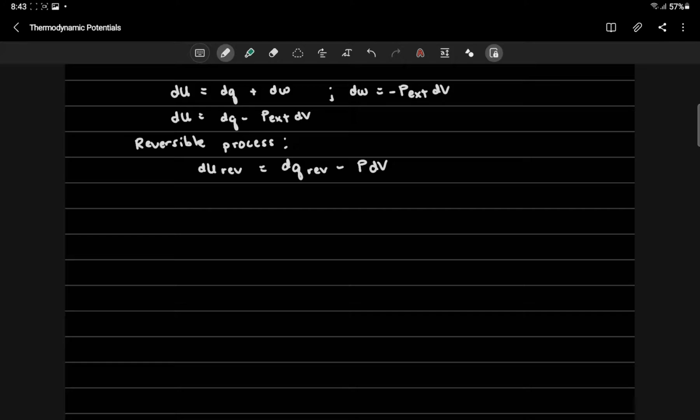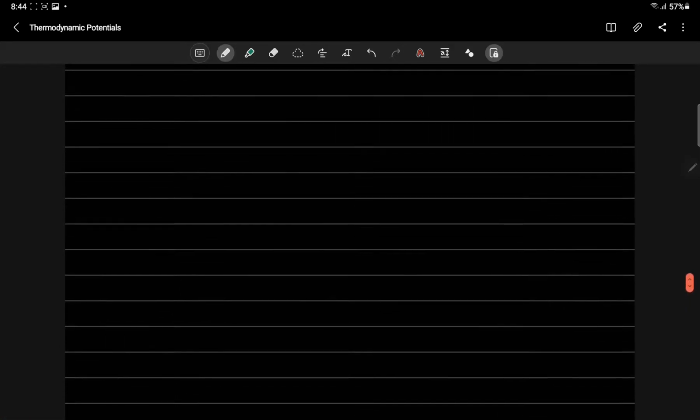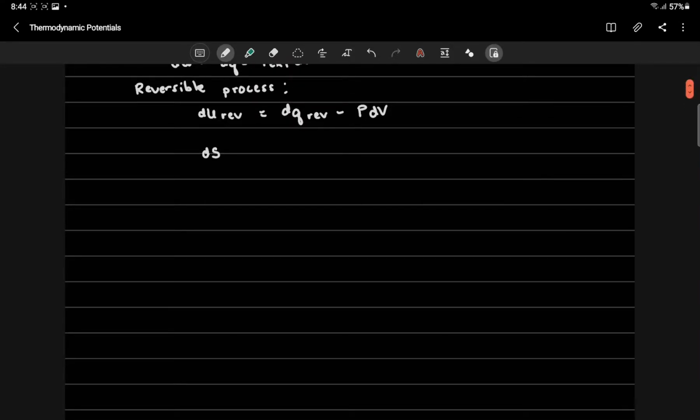Now, doon sa second law of thermodynamics, na-define natin kung ano ang mathematical expression for the change in entropy. So remember, dS, or change in entropy, is equal to dQ rev divided by T. Alright?